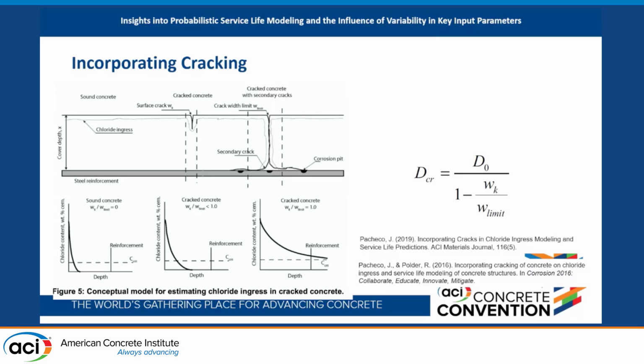Again, some people may use it differently, but this is the one that I use because it's simple and it can be adjusted for project-specific conditions. For example, this parameter here is the on-crack diffusion coefficient. This is the crack width on the surface, and this is the crack width limit. And this is perhaps the one that requires a little bit more explanation.